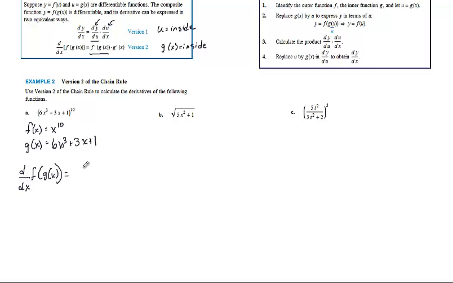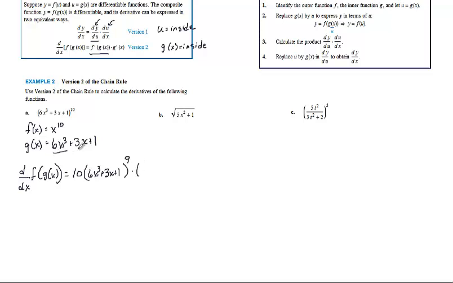Okay, I'm going to take the derivative of the outside. So the derivative of the outside, this x to the 10th, is 10. Leave the inside alone. So there's the derivative of that outside, or that f function. I'm going to leave the inside alone. So what goes on the inside is 6x cubed plus 3x plus 1 times the derivative of the inside.